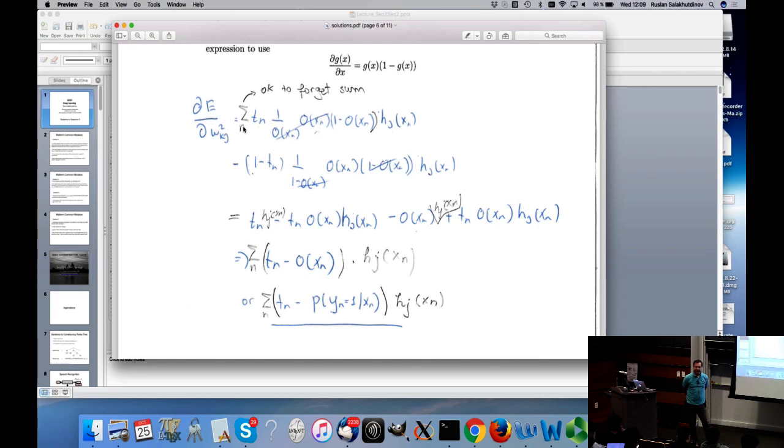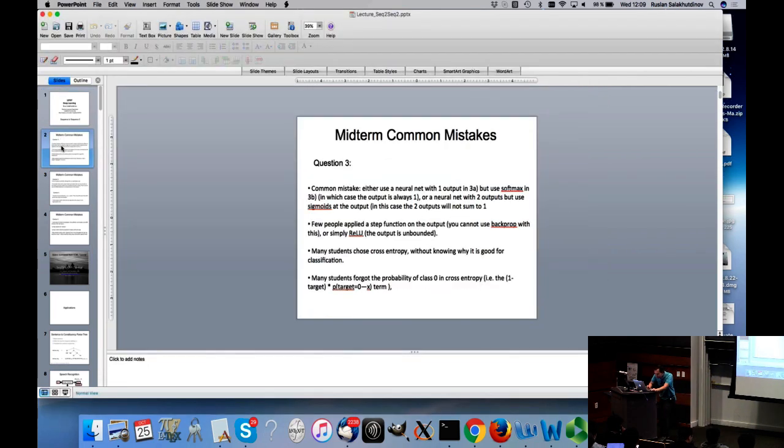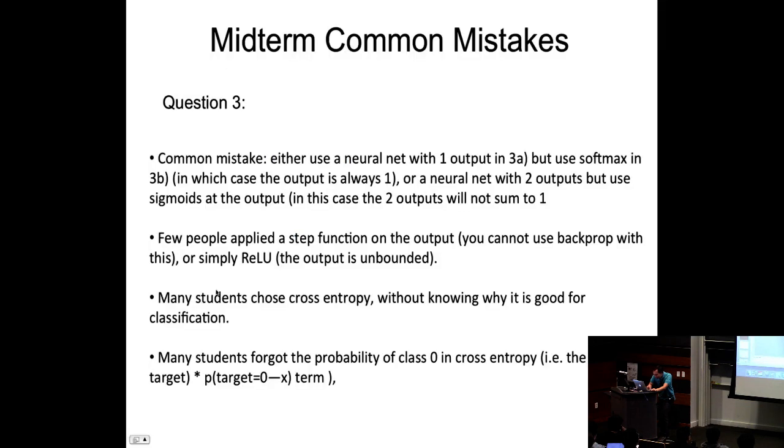Fairly straightforward, right? Let me just check what the confusions were. Here's some of the confusion. So here you're using a neural net with one output, but you use softmax in 3B. So some people would say, well, you have logistic at the output. Next time, they just say, well, it's a softmax over two options, right? So there was a little bit of inconsistency.